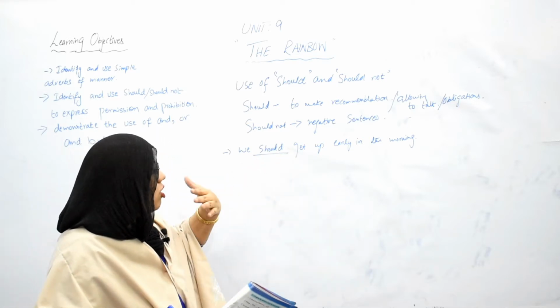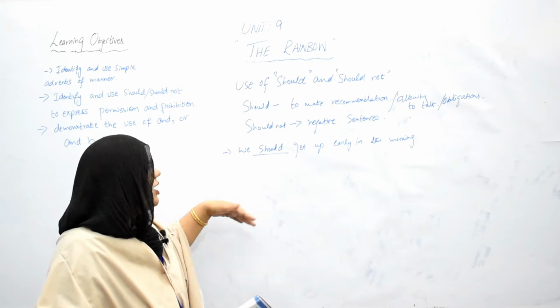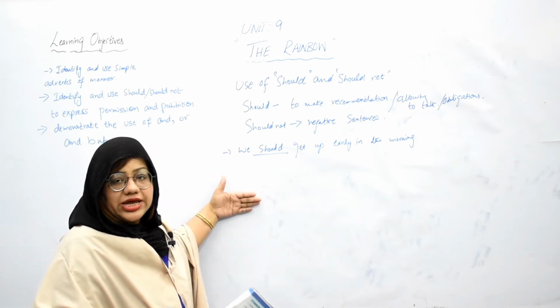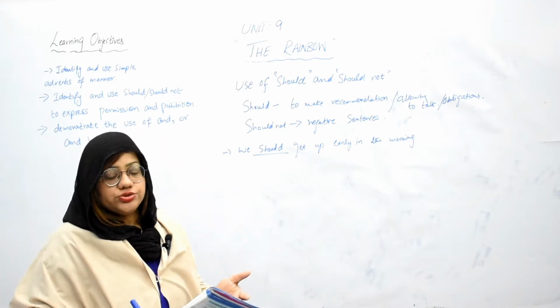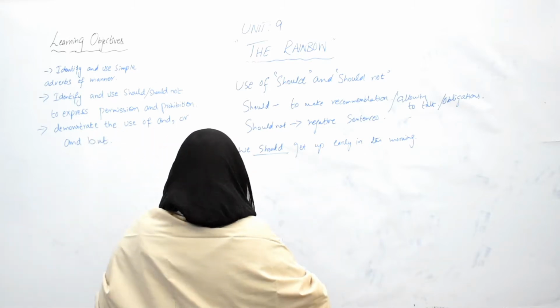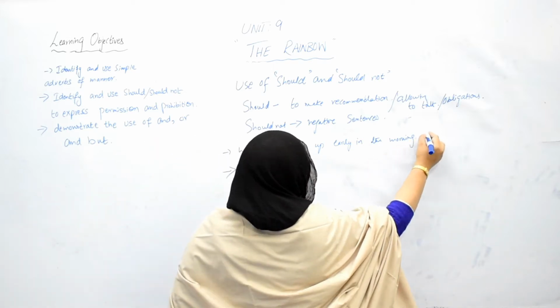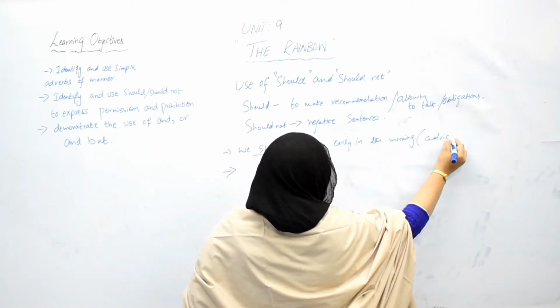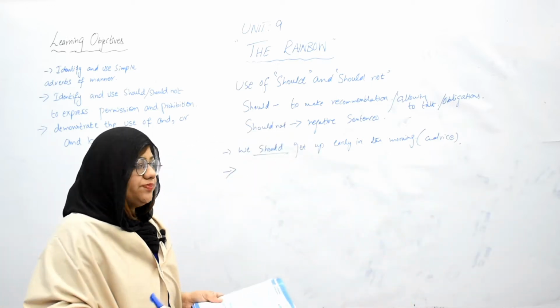I'm obligating that everyone has to get up early in the morning. It means that I'm giving a recommendation or advice. What kind of sentence is this? Advice, in which I am giving advice.